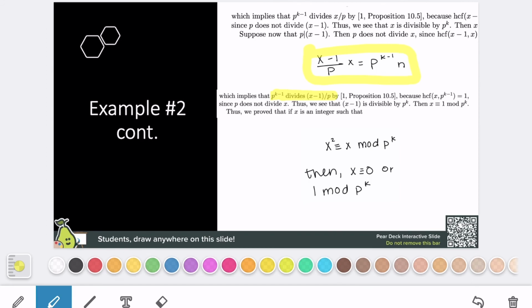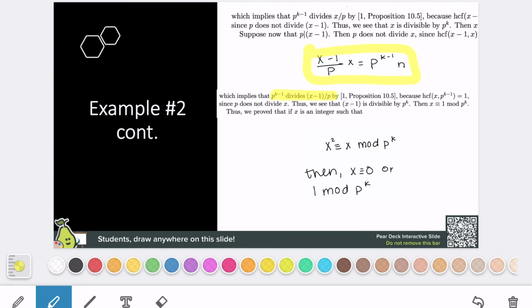Minus 1 divided by p, because the highest common factor of x and p to the power of k minus 1 is 1, since p does not divide x, we can see that x minus 1 is divisible by p to the power of k, then x is congruent to 1 mod p to the power of k.